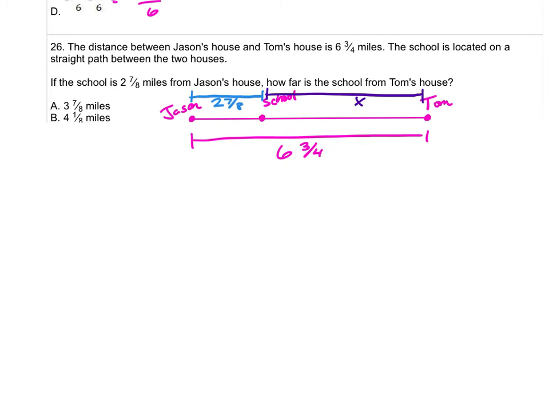So we could solve this a couple different ways. I think I'm going to say the fact that these two distances, 2 and 7/8 and x, whatever that is, add up to be 6 and 3/4. Then I can say 6 and 3/4 minus 2 and 7/8. I could work with these as fractions, but since they'll go to terminating decimals, I think I'll work with that because it's simpler.